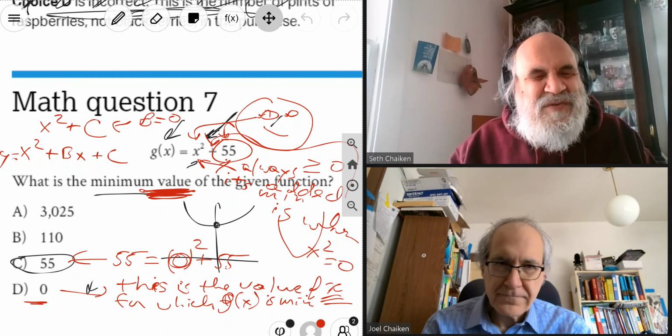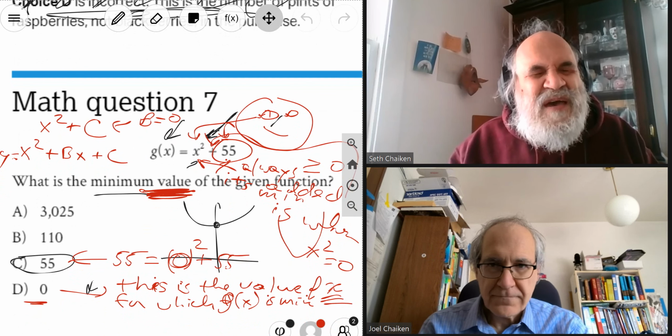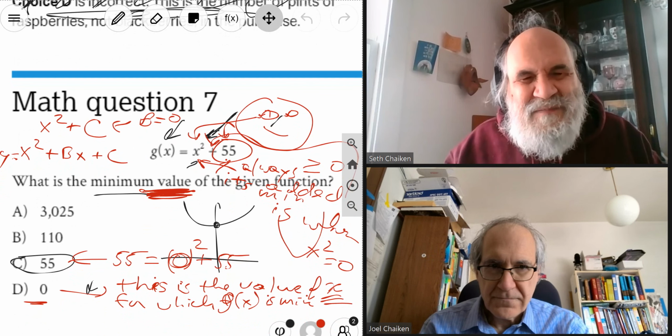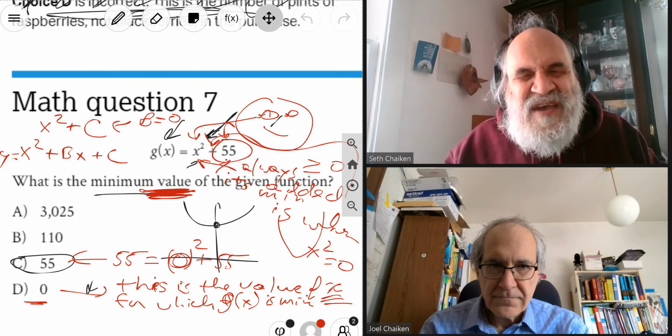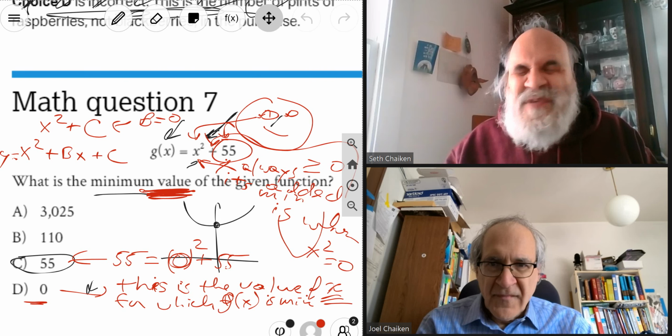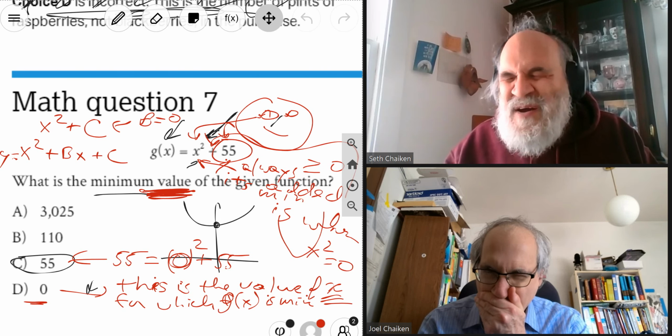You might get confused if they ask a different question, at what value of x does the given function take on its minimum? That's a different question from what is the minimum value of the given function.